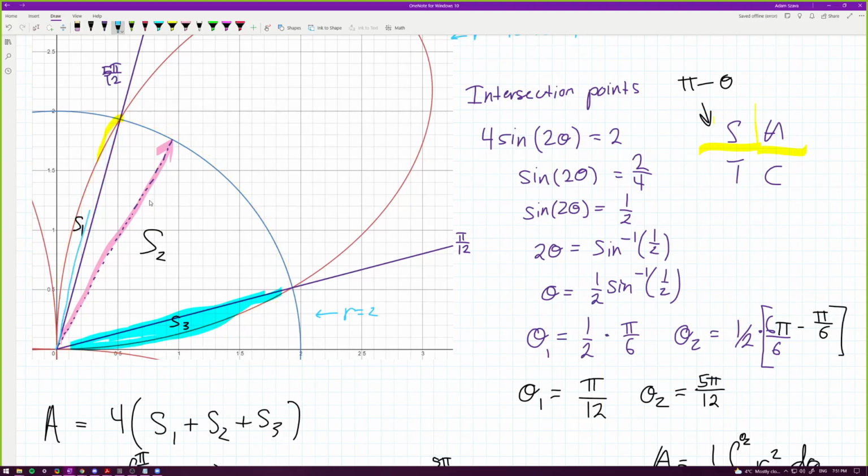S1 is this, so it's all these rays together. All these angles are bigger than 5 pi over 12, right? Oh yeah, that makes sense. And we then can't actually see it. There's some point right there that's actually at pi over 2. Exactly, all the way to vertical, right? Hey, that makes sense.